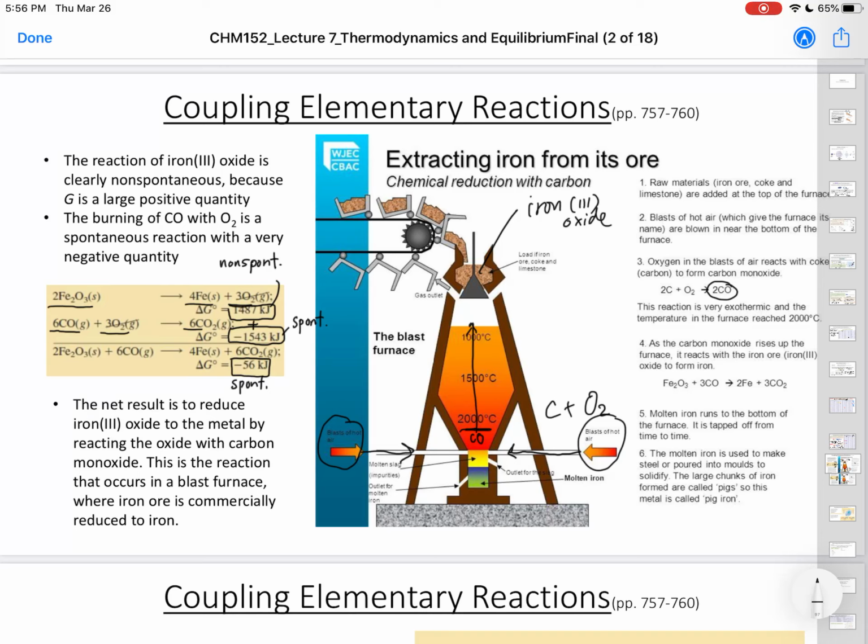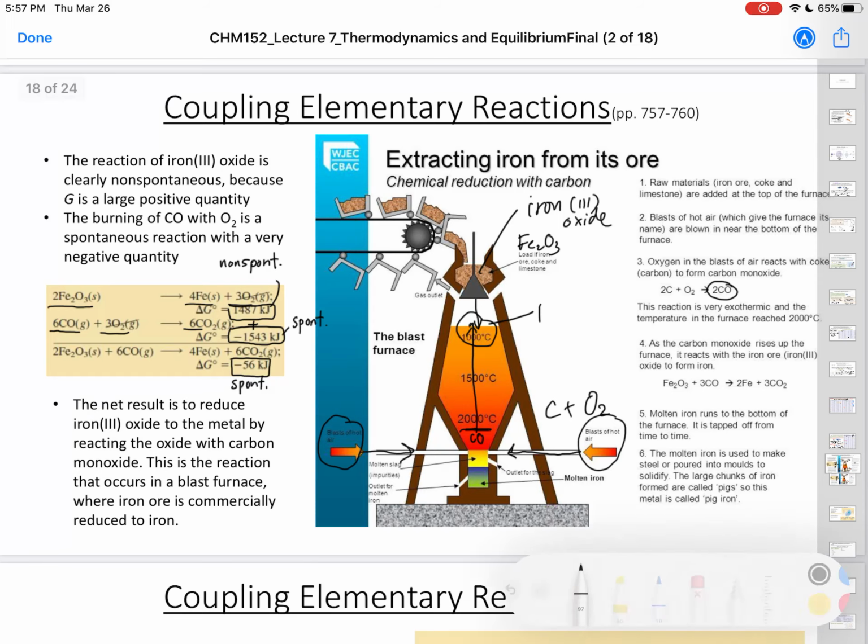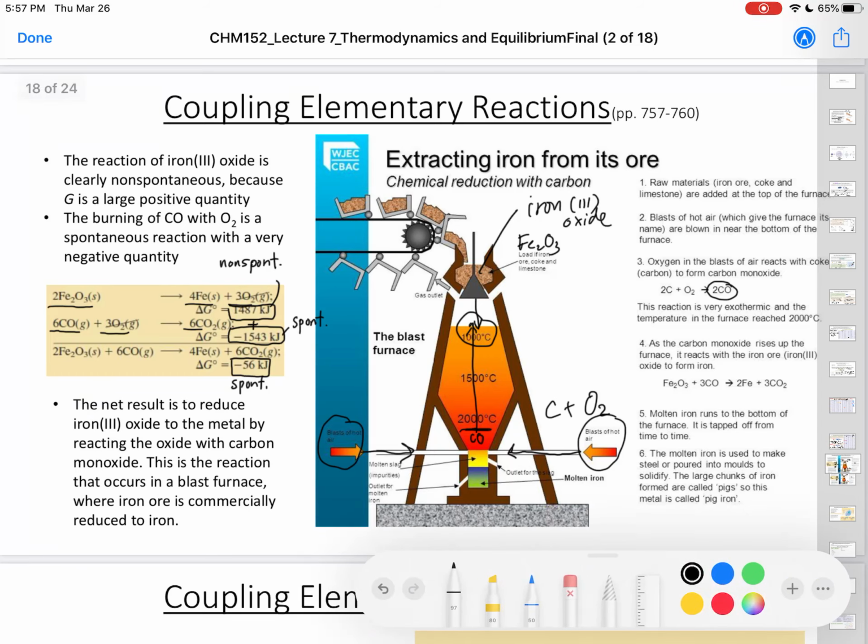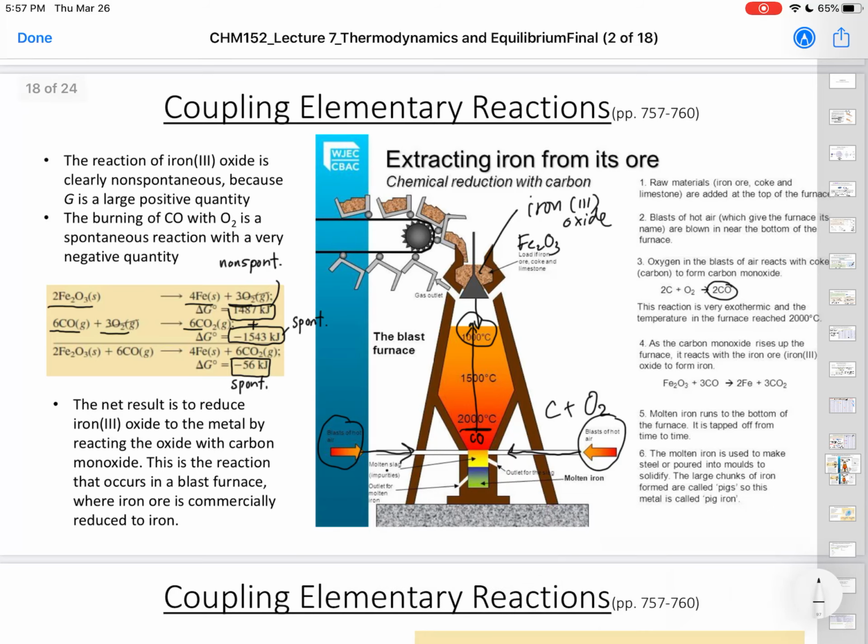It rises up in the furnace and reacts with the iron ore, okay? So this reacts with the iron ore that's falling, this is your iron ore, Fe2O3, and they're reacting together. That's the reaction that's not spontaneous on its own. Here you have Fe2O3 plus 3CO gives you Fe plus 3CO2.